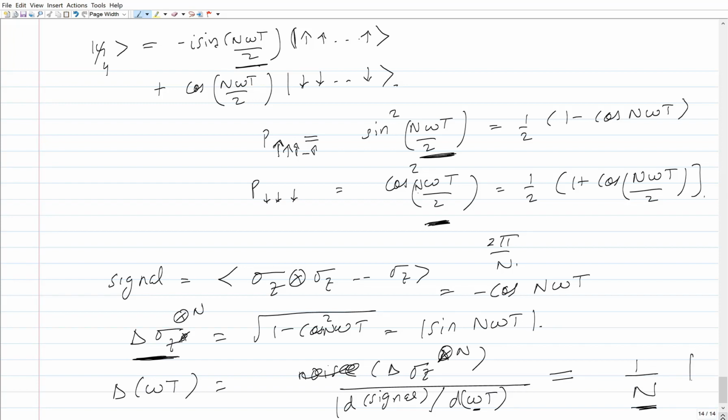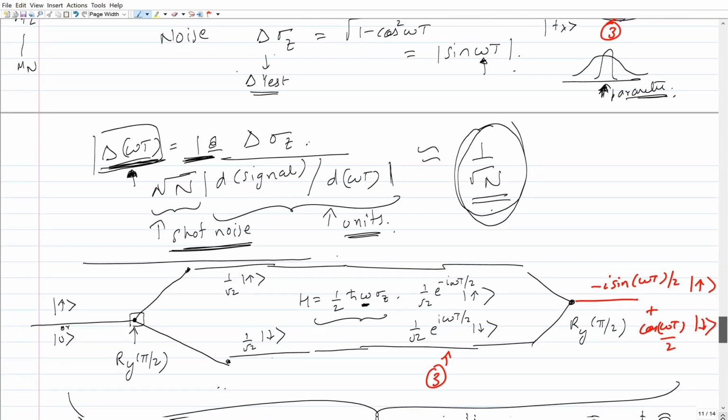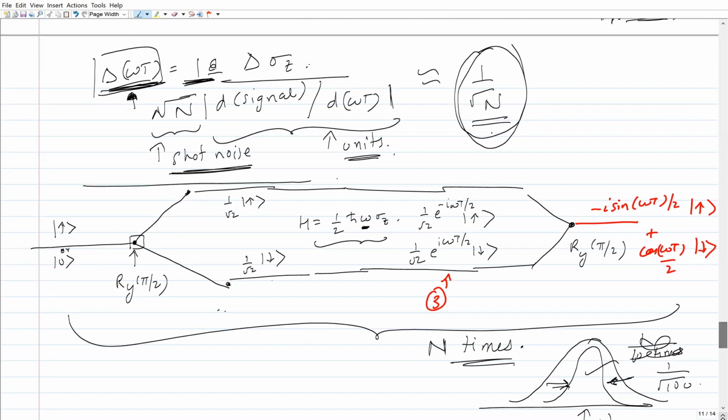So this is kind of remarkable and fantastic. In experiment 1, what we did was we used n independent atoms, and the scaling we got was 1 over square root of n, which was sort of a classical result, because any classical protocol through the central limit theorem would give you 1 over square root of n scaling.